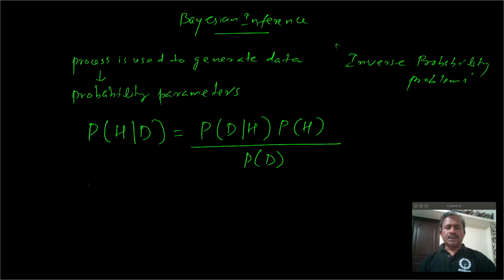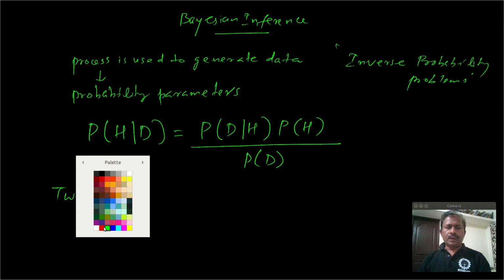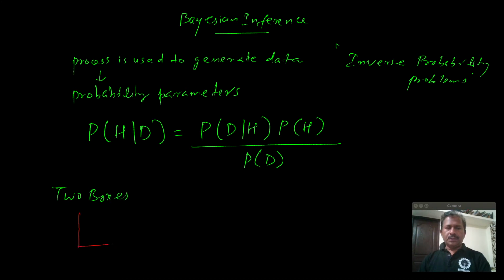So let's consider two boxes. One is a red box and another is a blue box, and we assume that there are a lot of colored beads in each box.